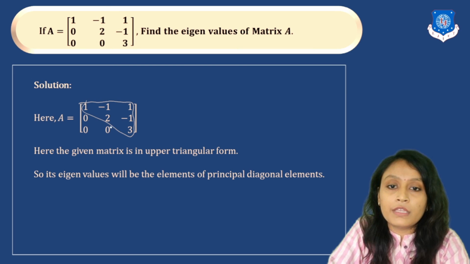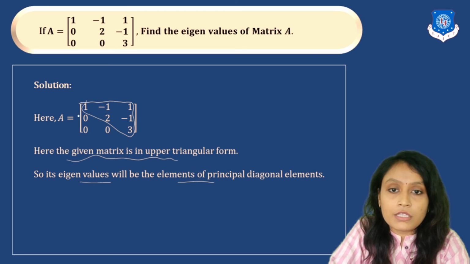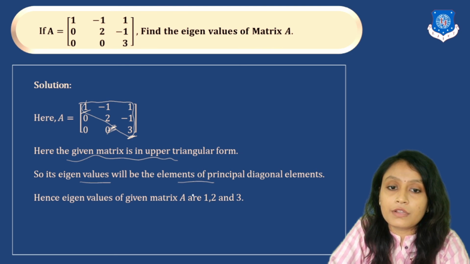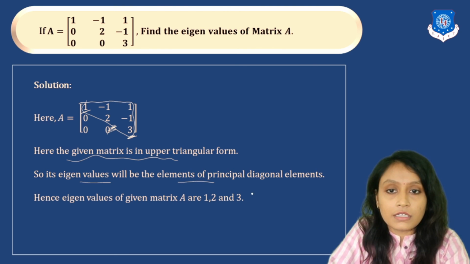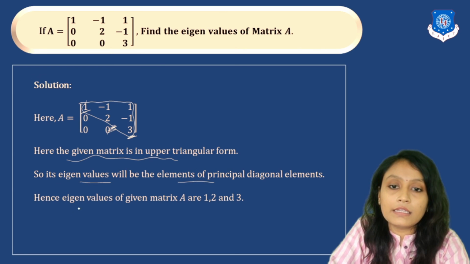So we will use the property: whenever we have an upper triangular matrix, the eigenvalues will be the principal diagonal elements. Here the principal diagonal elements are 1, 2 and 3, right? So the eigenvalues of this matrix are 1, 2 and 3. Whenever we have a triangular matrix, we can directly write the eigenvalues from the diagonal elements.